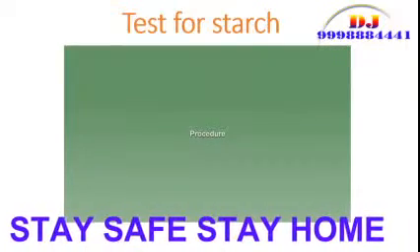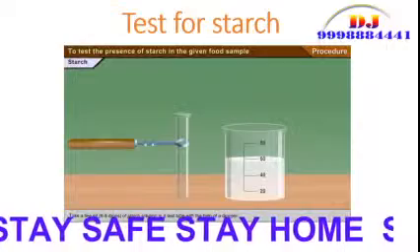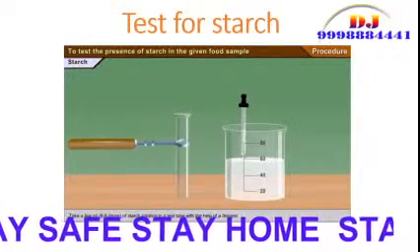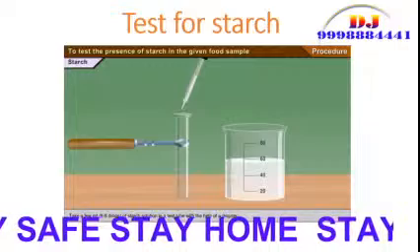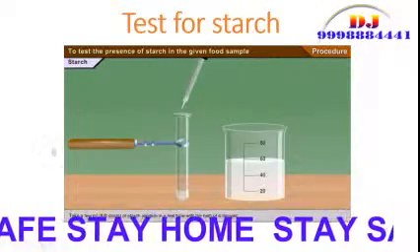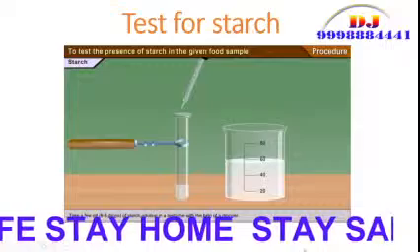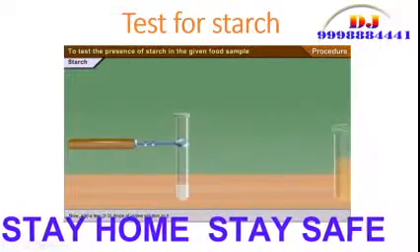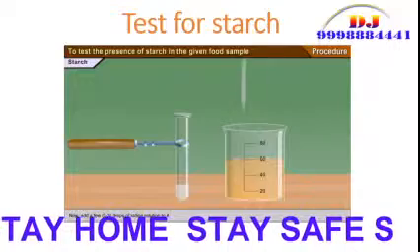Procedure: take a few milliliters of starch solution in a test tube with the help of a dropper. Now, add a few drops of iodine solution to it.